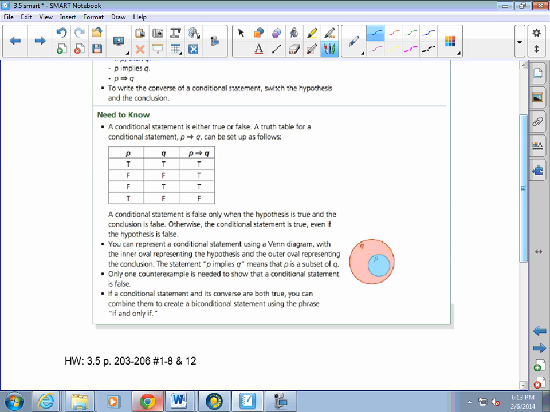Would work in there because our if statement is if the dog, and a dog is a subset of a mammal. Only one counterexample is needed to show that a conditional statement is false.